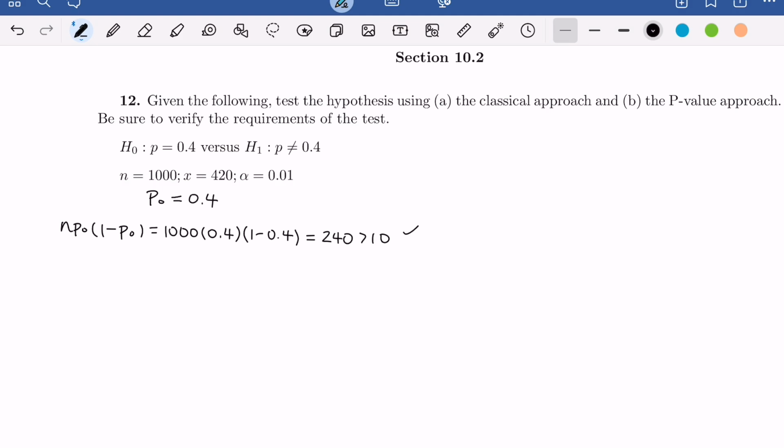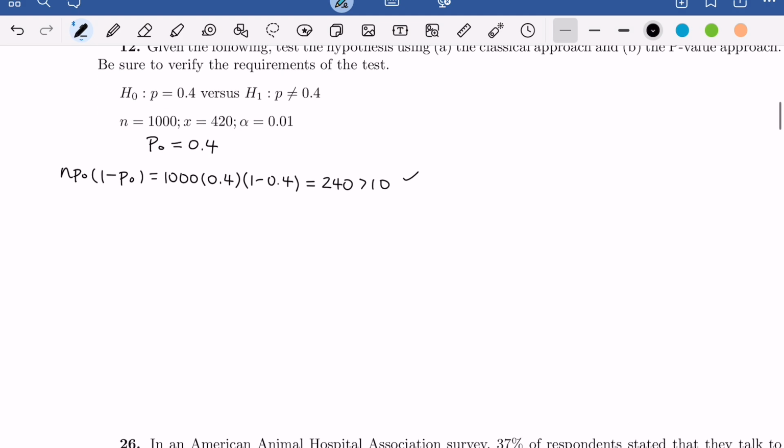So that's good. Next, what we want to do is find our sample proportion and our test statistic. So the sample proportion, which we denote as p hat here, is going to be our x, this 420 over our n value. So this is going to be 0.42. And then we'll use that information to find our test statistic.